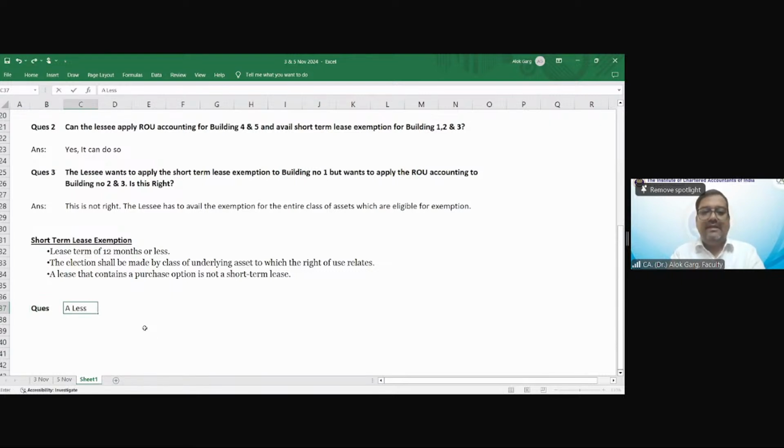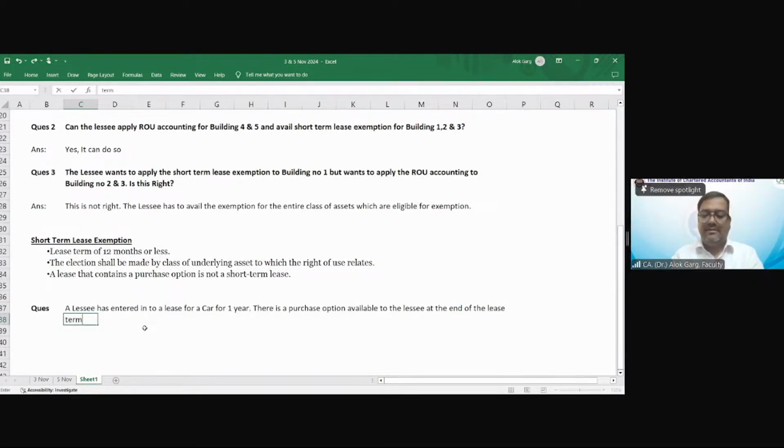A lessee has entered into a lease for a car for 1 year. There is a purchase option available to the lessee at the end of the lease term.